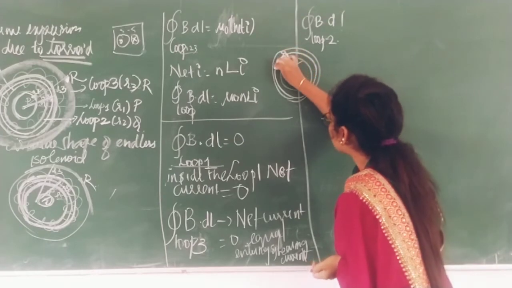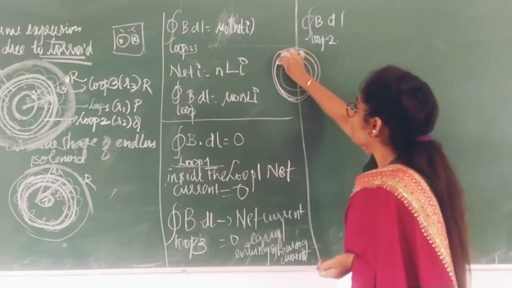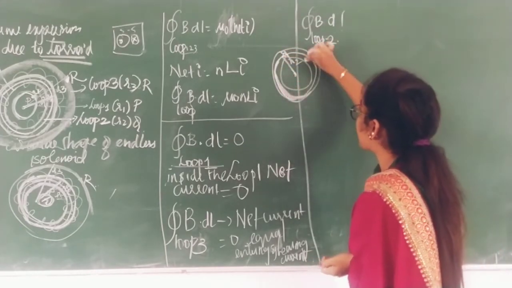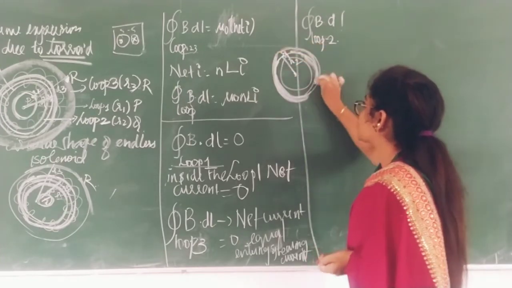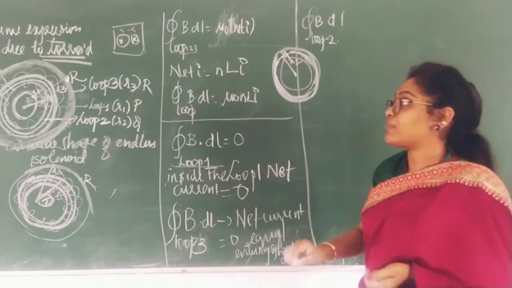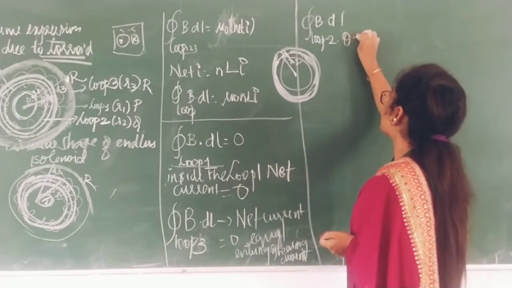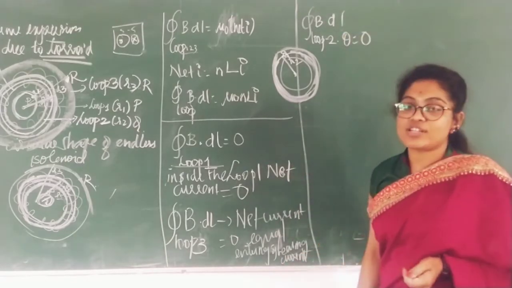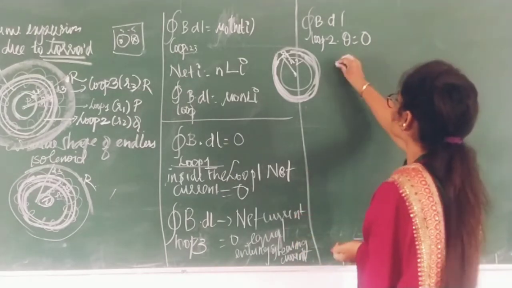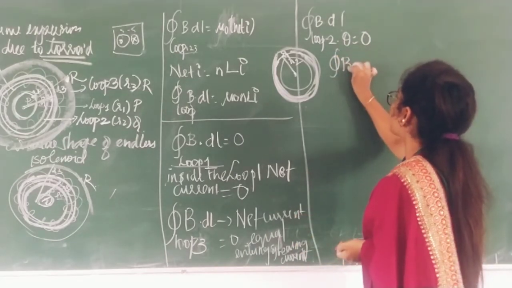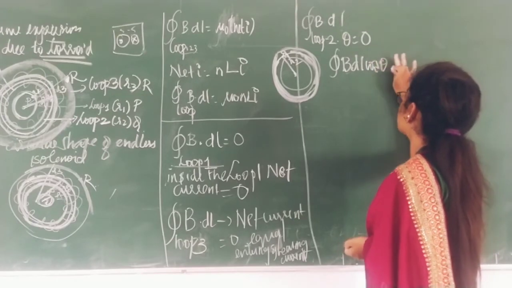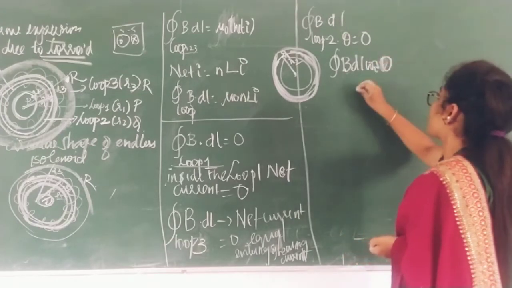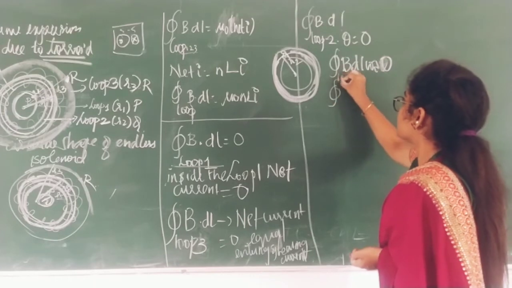I should know the angle. My loop is in this direction, the magnetic field is also in this direction. When both are in the same direction, what is the angle between them? Theta equals 0. Substitute here: integration of B dl cos 0, theta in place of 0, what is it? Integration of, this is loop 2.